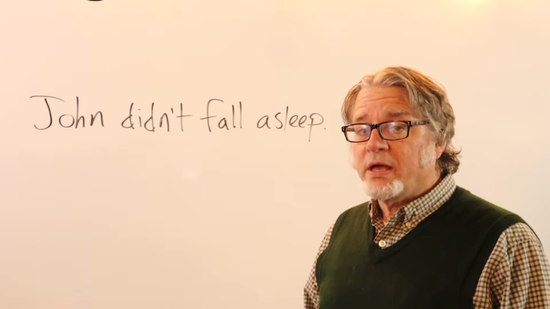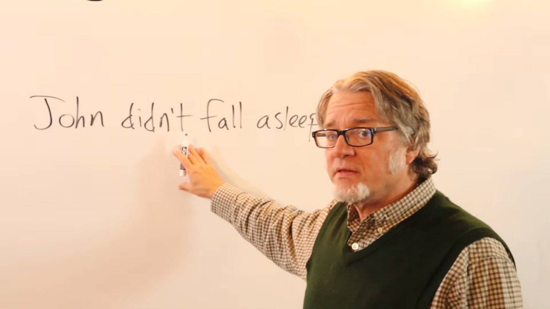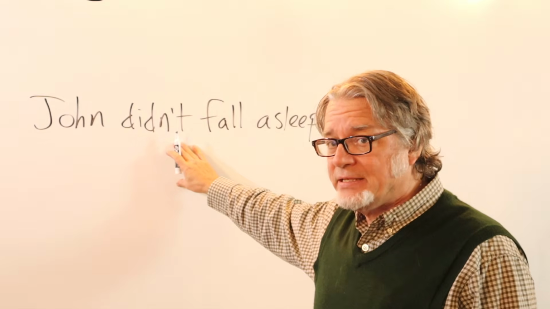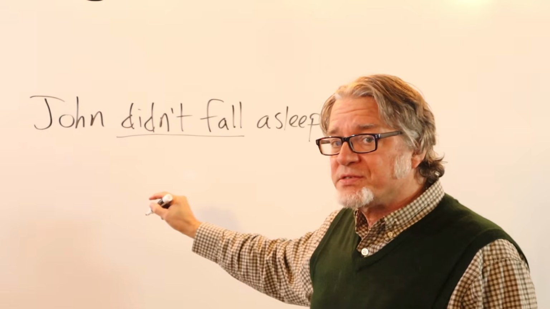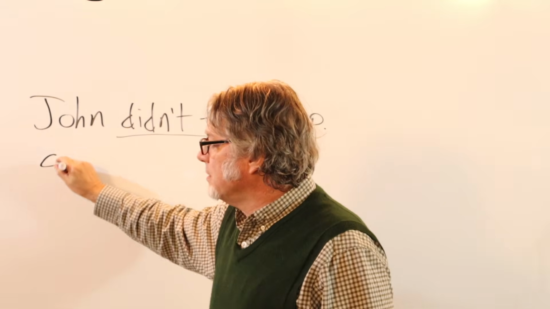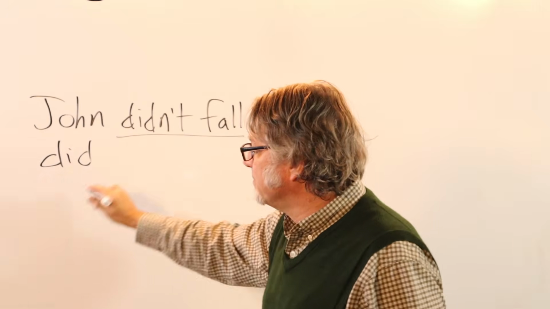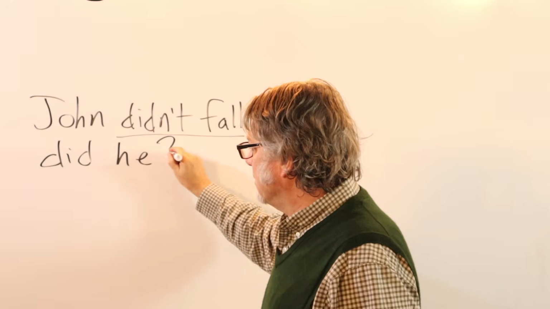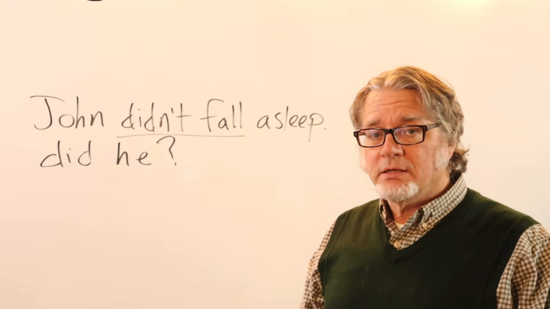It's easier to make a choice for the helping verb when you see it in the first part of the sentence, when this is negative. John didn't fall asleep, and then just take this, put it here without the negative, and then the pronoun. John didn't fall asleep, did he?